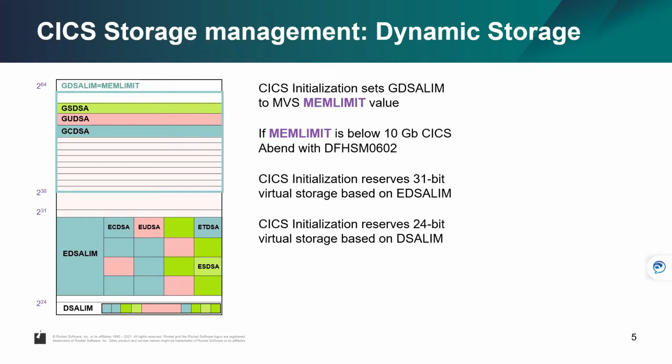And you're going to see that's for things like channels and containers, and again, for temp storage above the bar. Again, you can't run without a MEMLIMIT of at least 10 gig in CICS version 5.6. And then you'll see that below the bar and above the line, we refer to the maximum amount of storage for the CICS region as EDSALIM, or below the line as DSALIM.